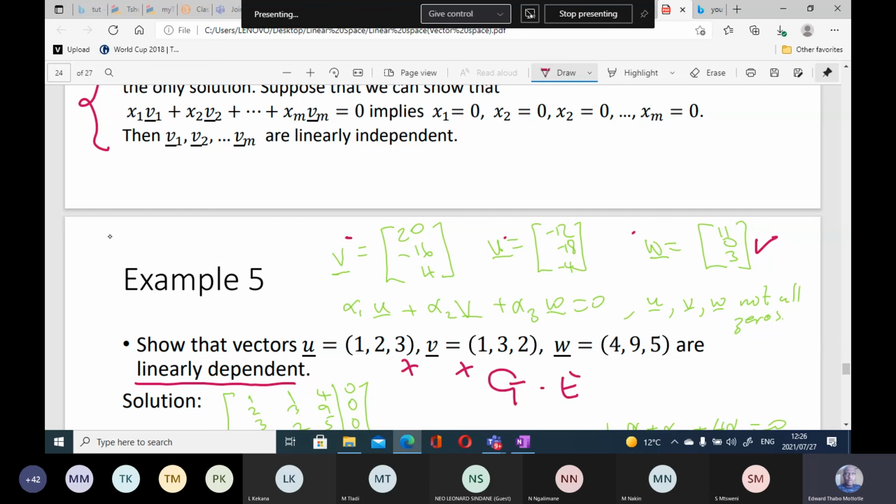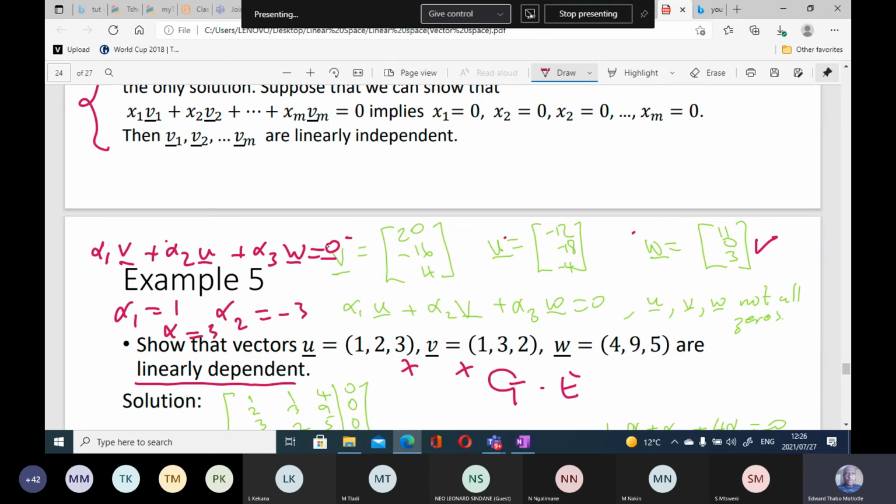You will just write this one as alpha 1 V plus alpha 2 U plus alpha 3 W, and then we equate to a 0 vector and solve. If you solve this one, you must determine a certain value for alpha 1, let's say 1, a certain value for alpha 2, let's say -3, and a certain value for alpha 3.